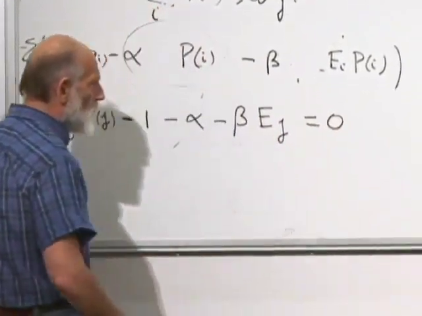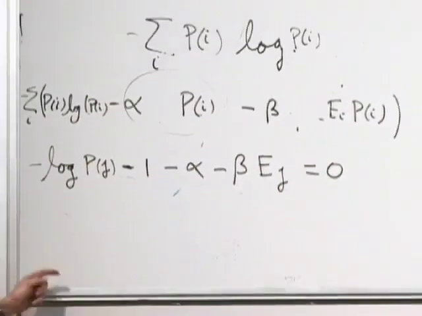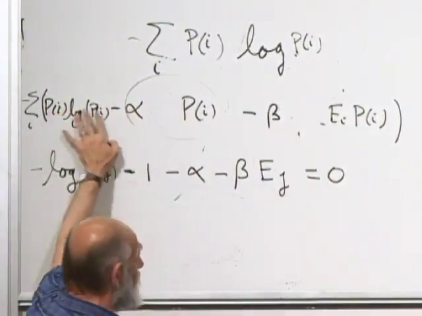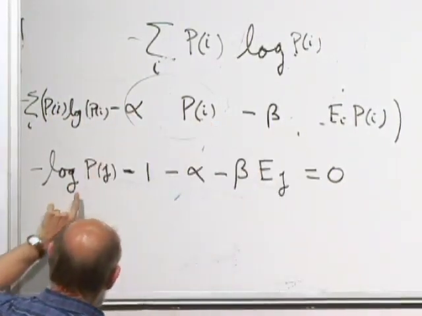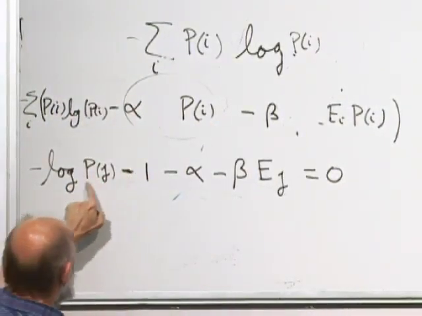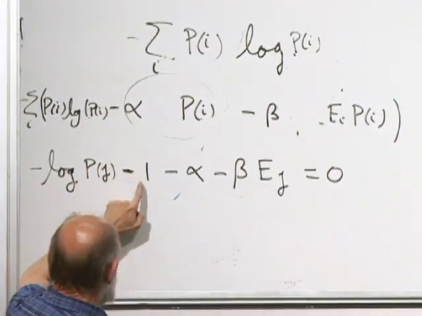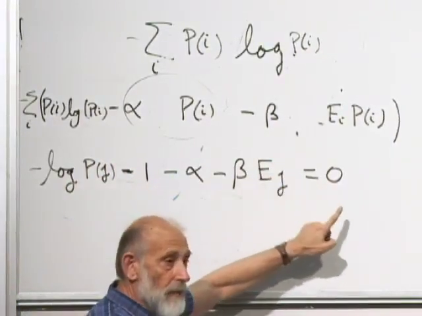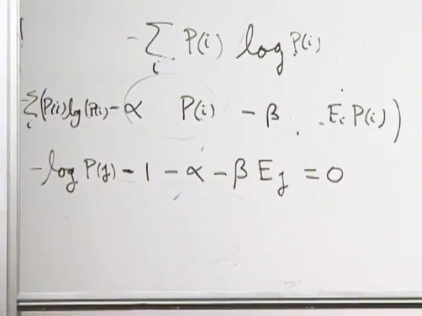That's the method of Lagrange multipliers. Pretend that we're minimizing this whole quantity with respect to all of its variables. So for each j, we find that minus log of pj minus 1 plus alpha and so forth has to add up to 0. I can throw away the minus signs since it appears in all of them.